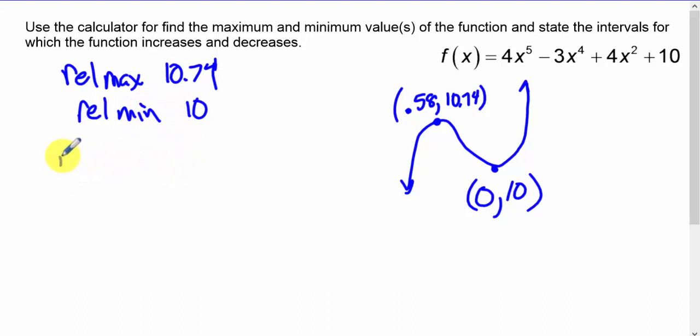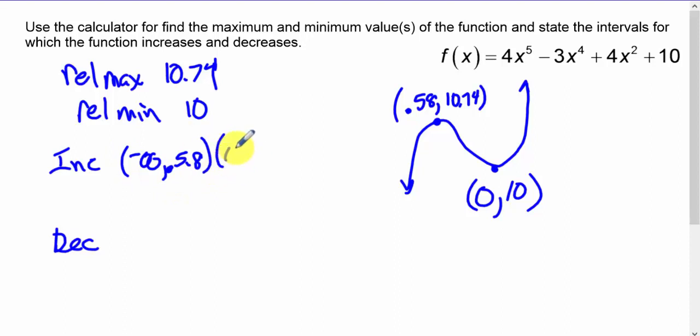State the intervals in which the function increases and decreases: increasing from negative infinity to 0.58, sorry, and from 0 to infinity, and then decreasing from 0.58 to 0, and that's about it.